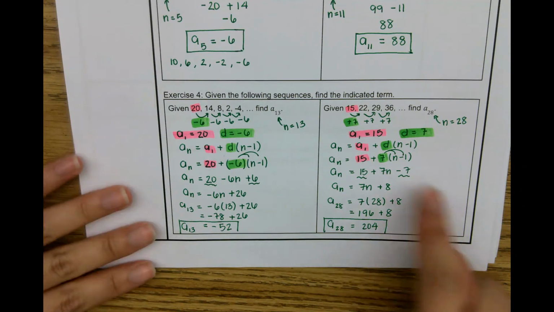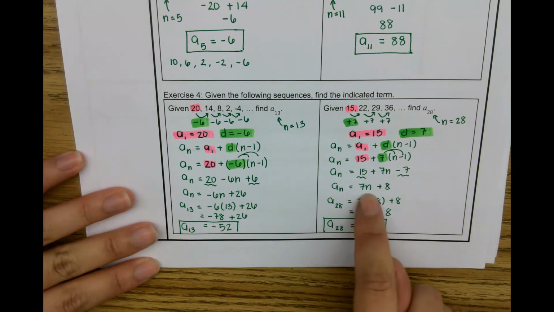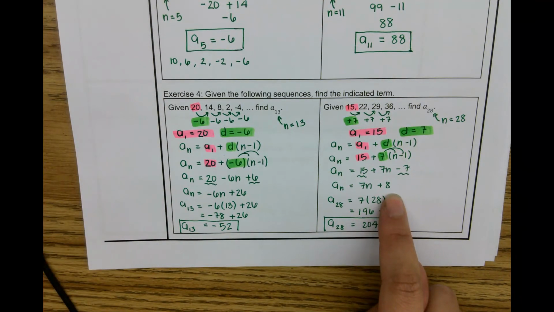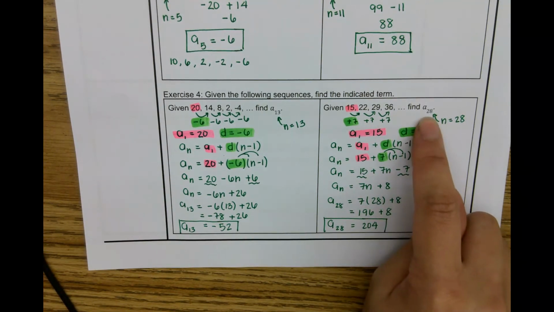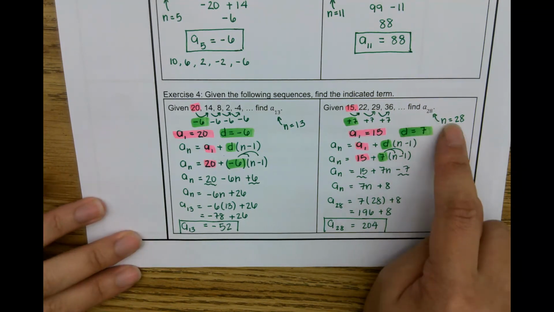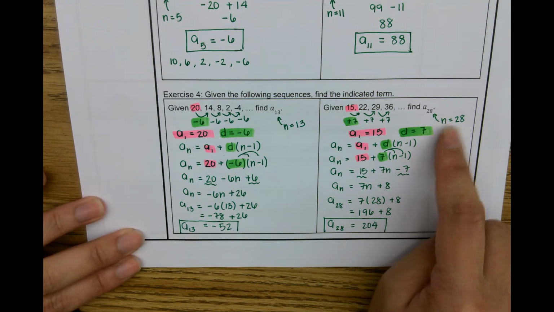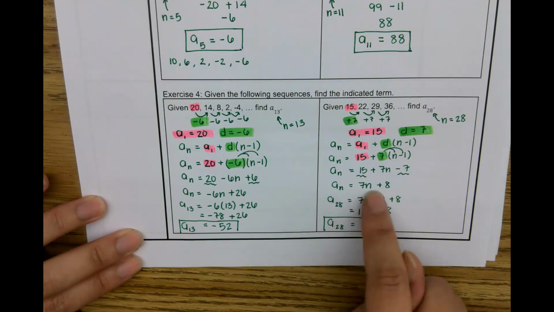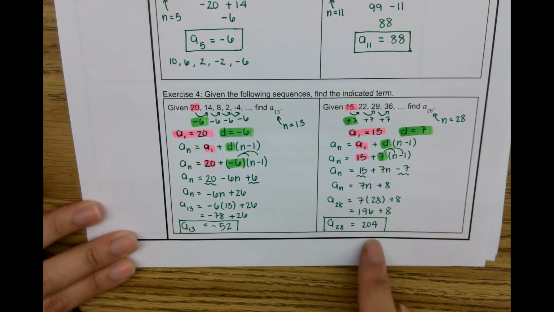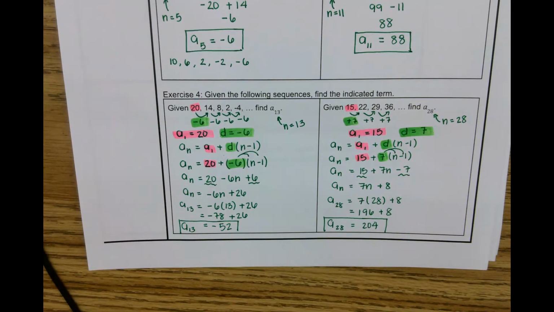I cleaned it up and got 7n plus 8. Since I'm finding a sub 28, I am finding the 28th term, the 28th number in this list. So that means n equals 28. My index is 28. So all I have to do once I have the rule is plug that in for n. When I solved it, I ended up with 204.